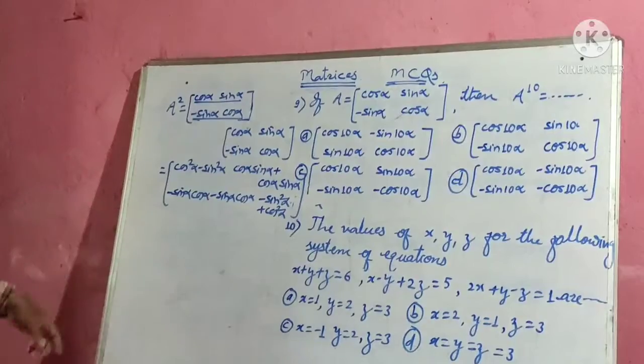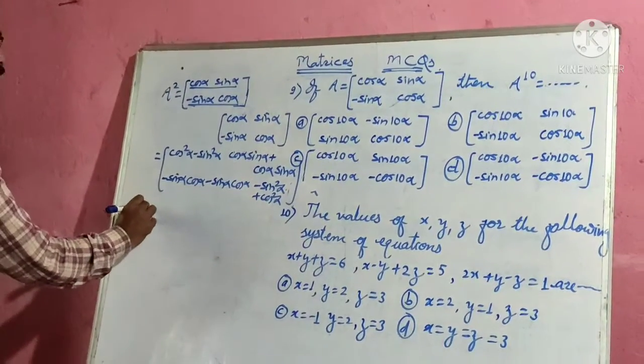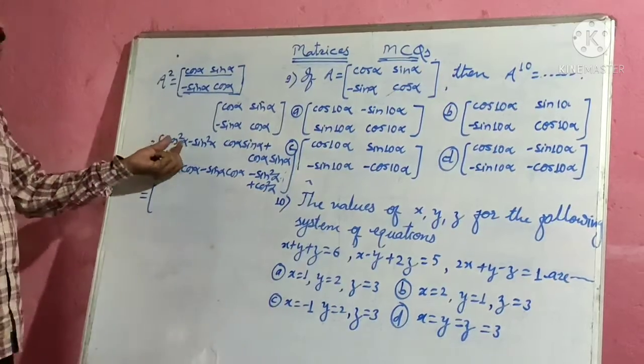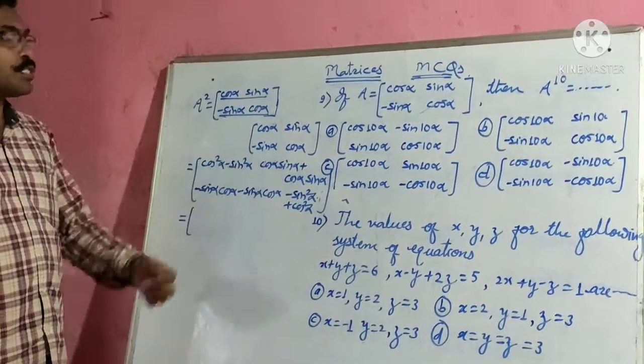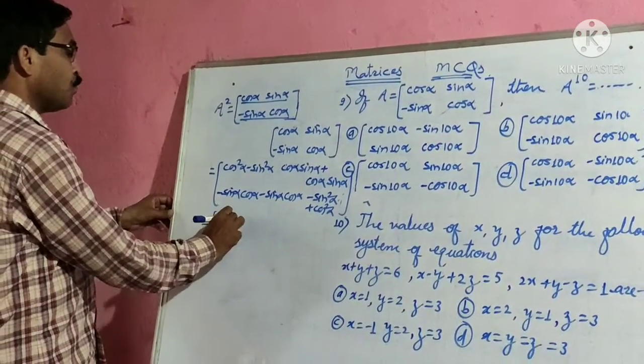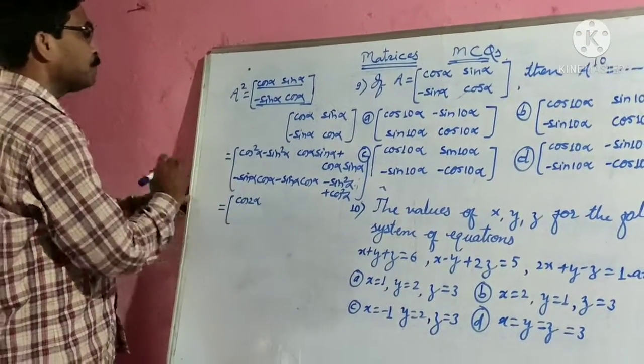So A square is equal to this. We have this formula: cos square of alpha minus sin square of alpha is equal to cos of twice alpha.